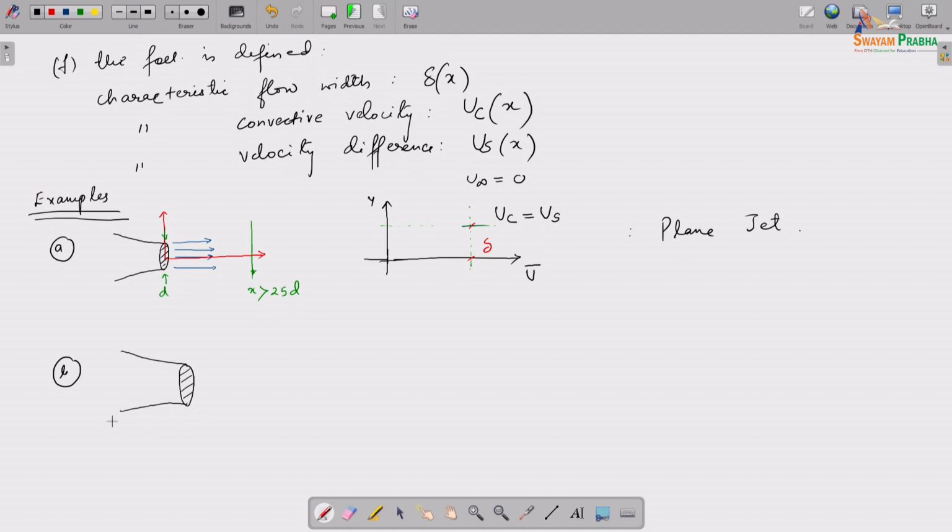And then I have this, and then I have a velocity profile.